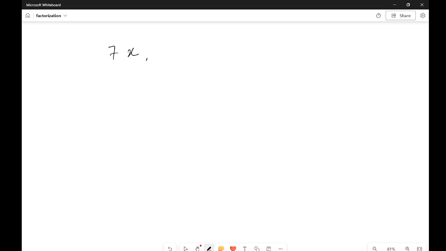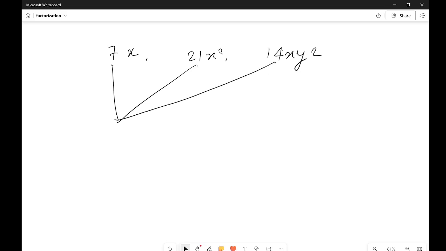The first one is 7x, the second one is 21x square, and the third expression is 14xy square. If the question is what's the greatest common factor or highest common factor for all these three expressions, the very first thing is we need to identify what's common for the constant part. So 7, 21 and 14. What's the highest, meaning you can't find a bigger number with which you can divide all these three numbers? It's simple, the answer is 7.